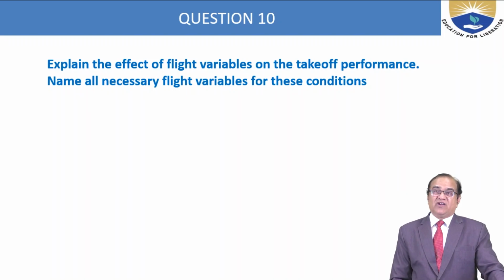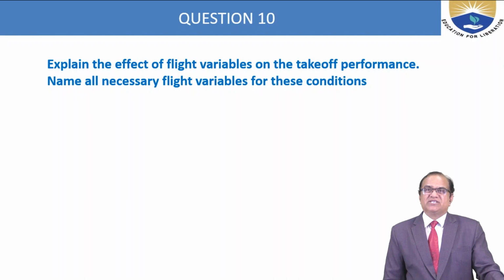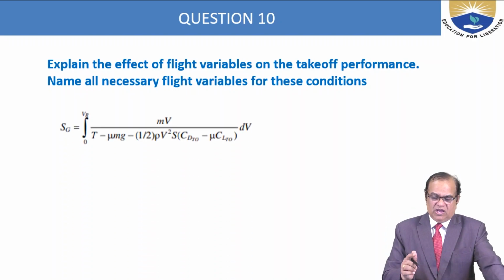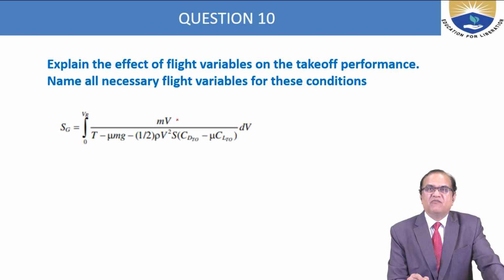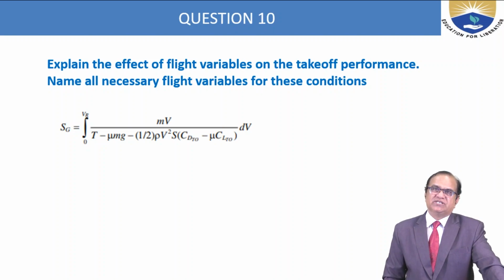Explain the effect of flight variables on the takeoff performance. Name all necessary flight variables for this condition. We know that SG is equal to integral from 0 to VR of mV by T minus mu mg minus half rho V square S CD naught plus mu CL, dV. Velocity is important. Thrust is also important.